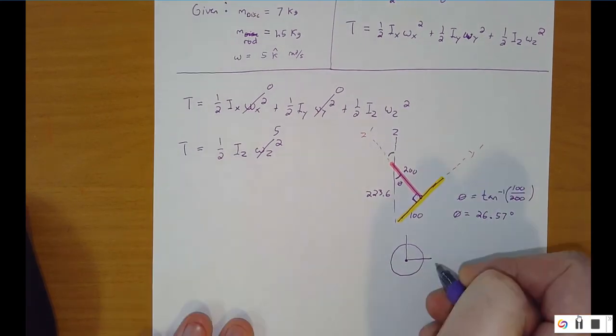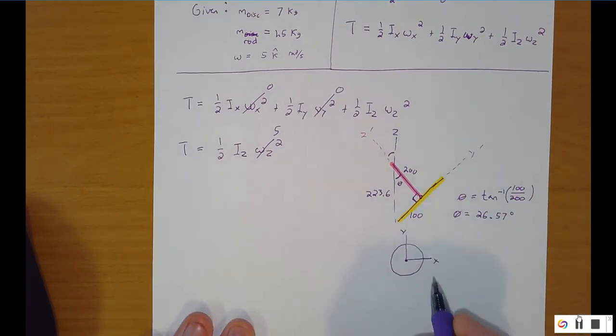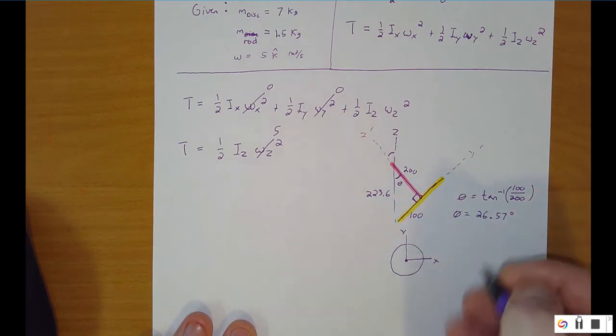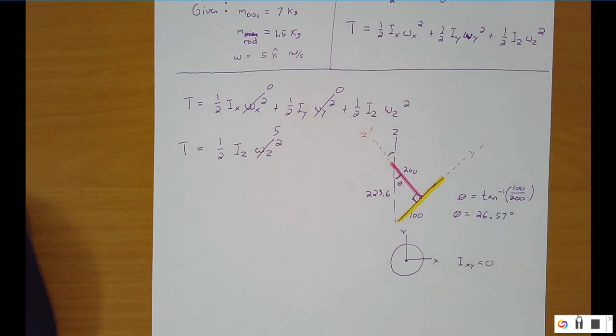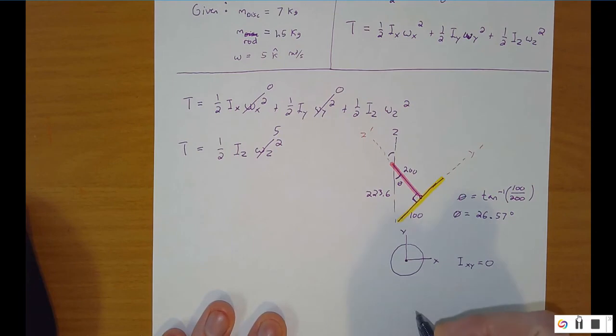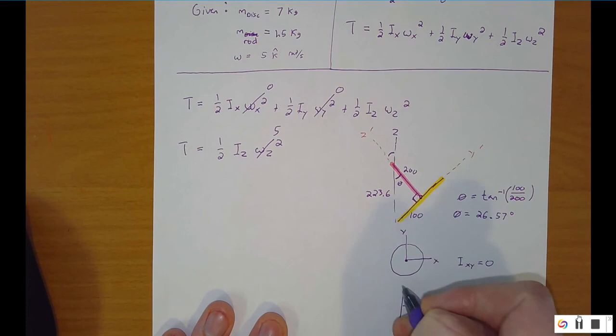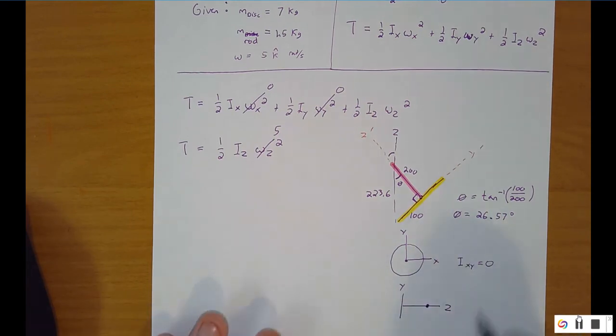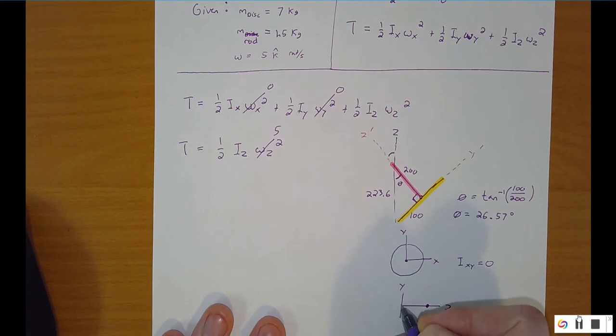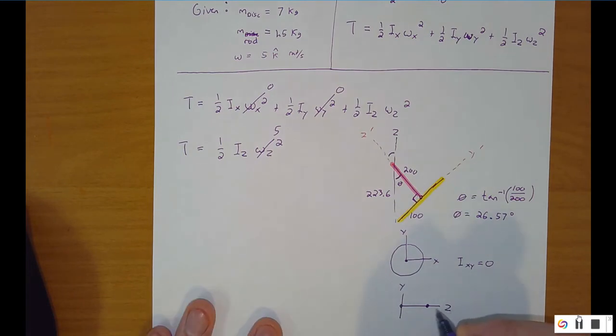You can see that in this xy plane, if I put this in the center, which it is, then this is symmetric. That means that I_xy is 0. Our product of inertia is 0. And then we've done this in previous examples where I can take some shape like this, where I have my z and I have my y, and find the I_yz for each of these two shapes and then move them to a common point.